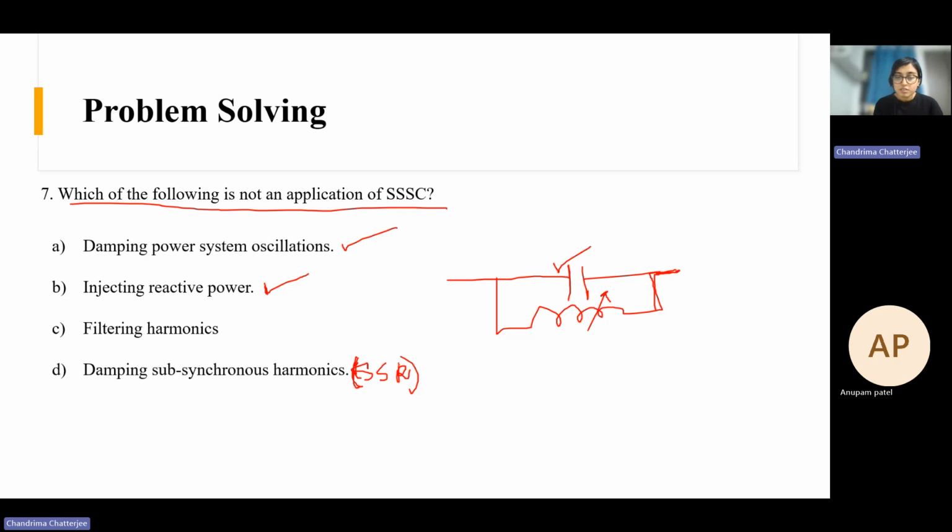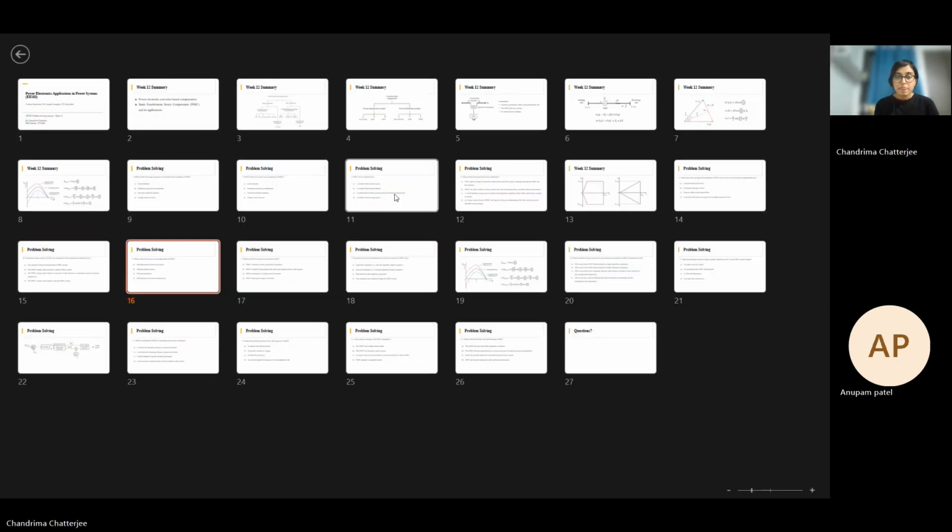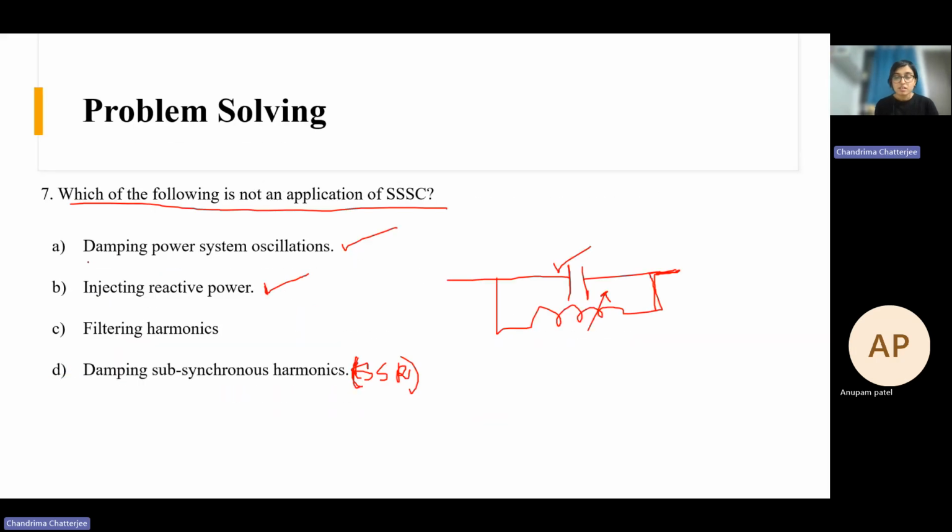That is called subsynchronous resonance, and that is detrimental for the system. Now, the advantage of SSSC is that there is no series capacitor element.